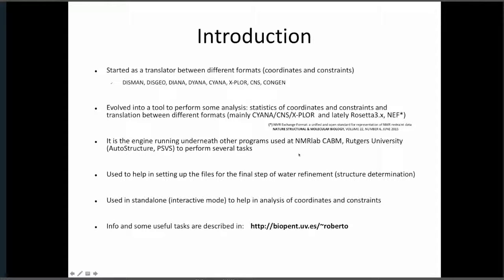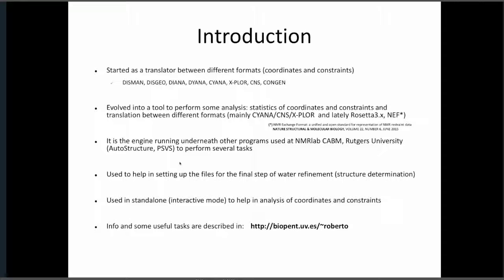Another characteristic is that it is the engine running software that maybe you know: the AutoStructure and PSVS analysis from Rutgers University, the NMR lab at CABM, the protein structure validation server. So underneath it performs some tasks: whatever coordinates people send to the PSVS will be pre-processed by PDBStat to prepare all the analysis.